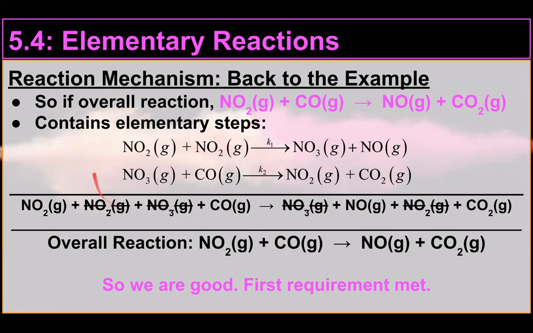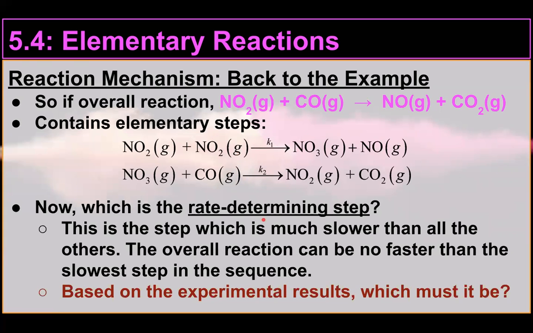So we end up with NO2 plus CO, yielding NO and CO2, which we have here. So our overall reaction, adding these two up, matches the overall reaction that we started with. So we have now determined that that first requirement works. These two adding up together fits.